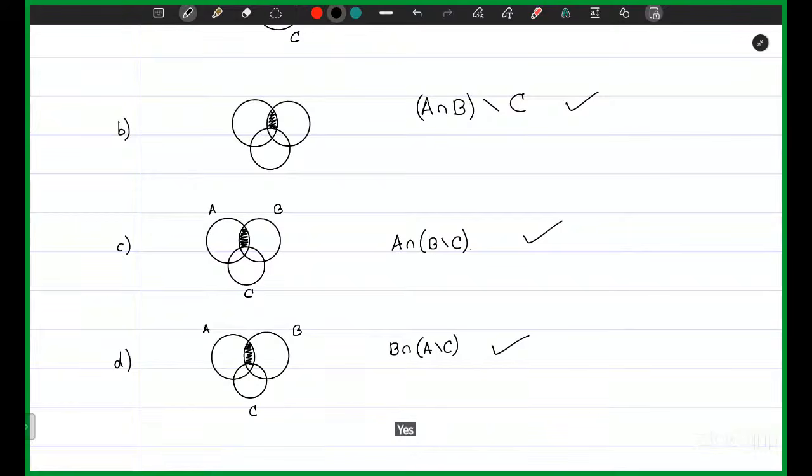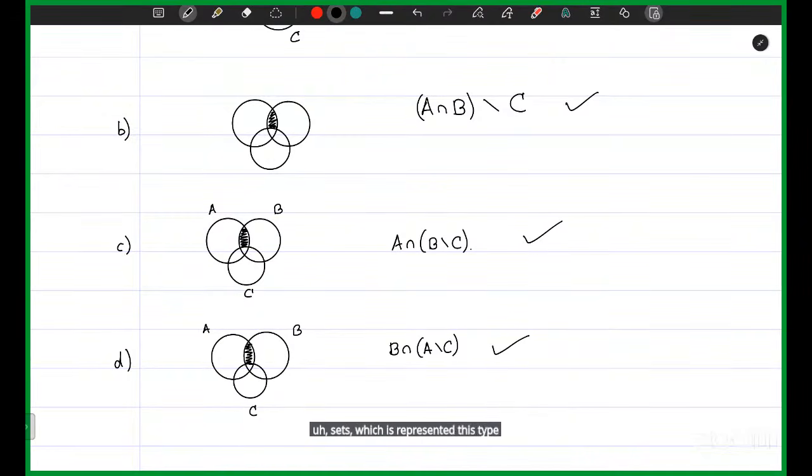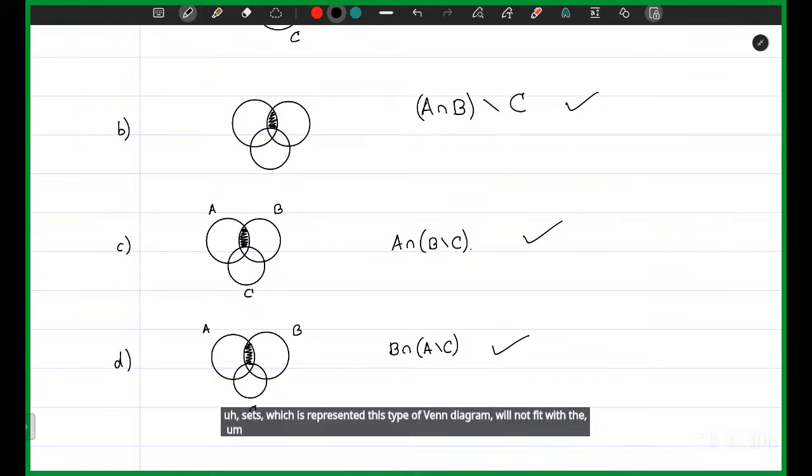Yes, sir. I wanted to ask a question about this method of analyzing Venn diagrams when solving word problems. I personally feel that sometimes the regions which overlap with other sets, as represented in this type of Venn diagram, will not fit with the problems in the question.